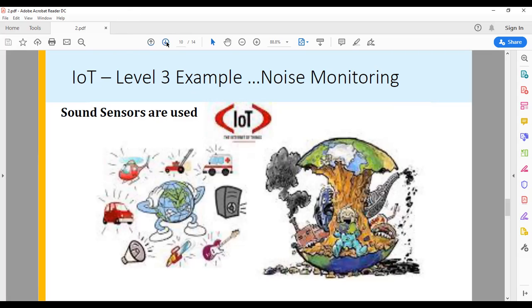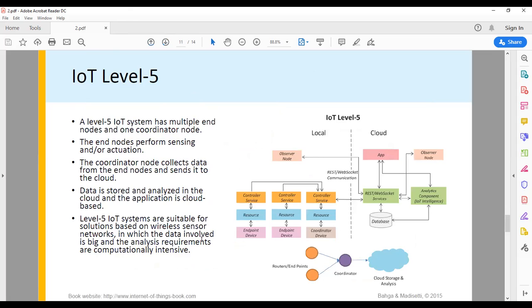Now level 5. Here you can see two different nodes. There is a controller node, and it could act as a data center. It is an advanced level from level 4. The system has multiple nodes and one coordinator.